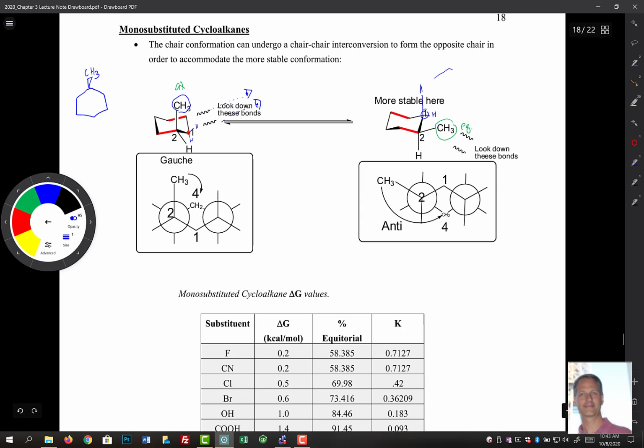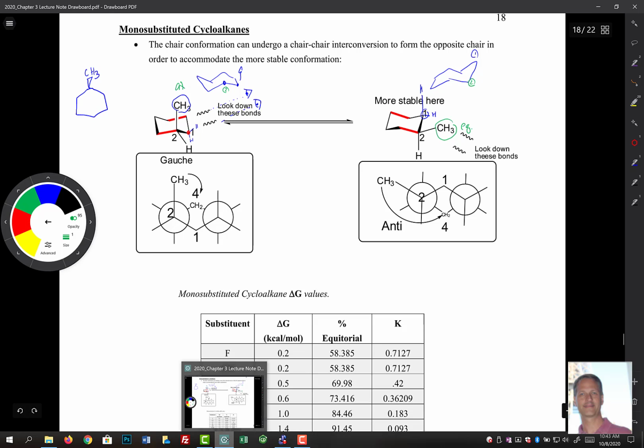So that would be our second chair, something that looks like that. Our first chair looks like this. So that position and that position are moving. They're all moving, really. So that number 1 position comes up here. There's your number 1. That number 2 position becomes right there, so you're going to end up with that at the equatorial position.